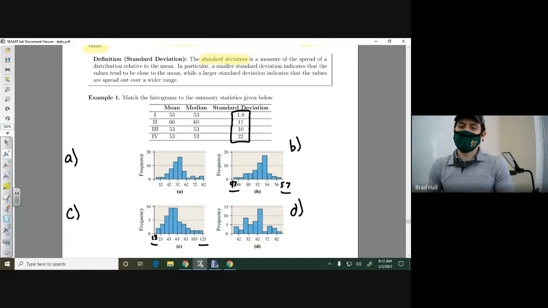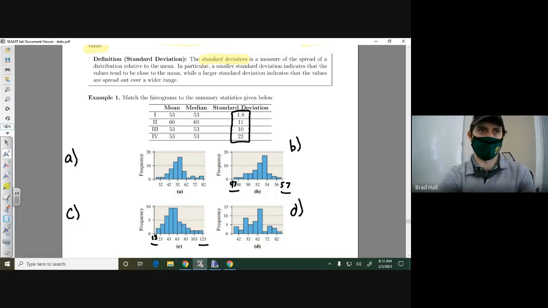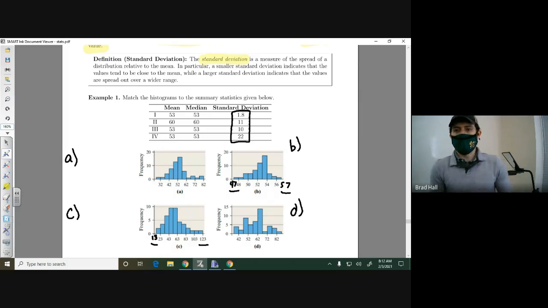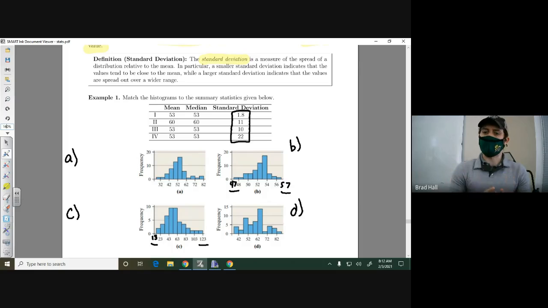Even though the graphs are relatively similar in their distribution, one of them is zoomed in a lot more than the other. We can use the range to help us determine that. The range gives us an idea of what the spread is, and we can correlate this idea to match each of these with its corresponding graph.